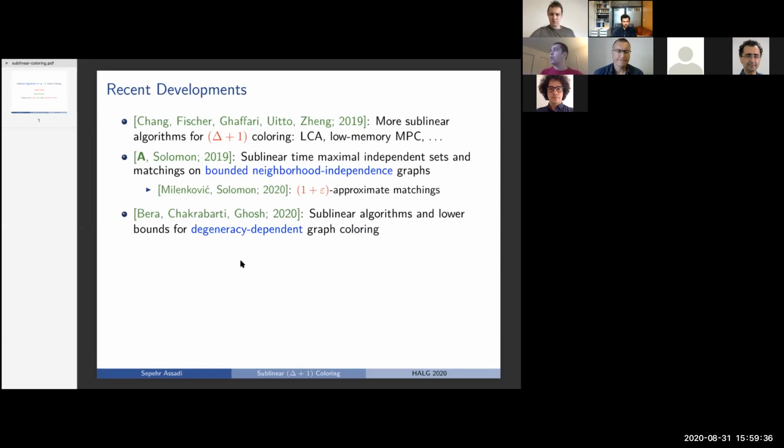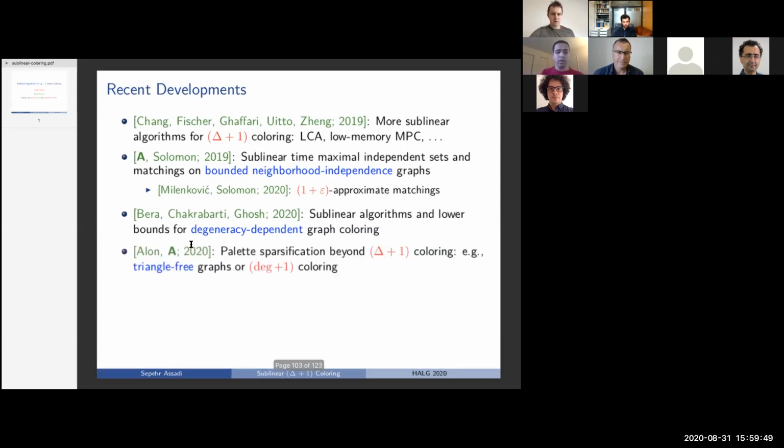They show that you can get something like kappa plus o of kappa coloring algorithms in these models. At the same time, unlike delta plus one coloring, kappa plus one coloring is hard in these models. And more recently with Noga Alon, we looked at palette sparsification as a problem on its own, and we looked at some extensions to triangle-free graphs or degree plus one coloring. And again, this gives us a lot of sublinear algorithms as well.